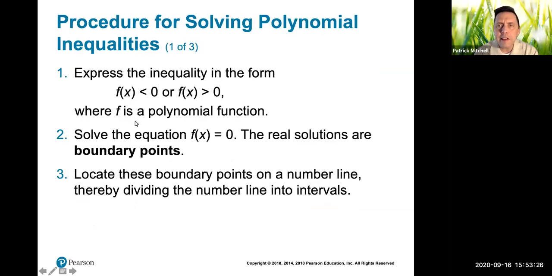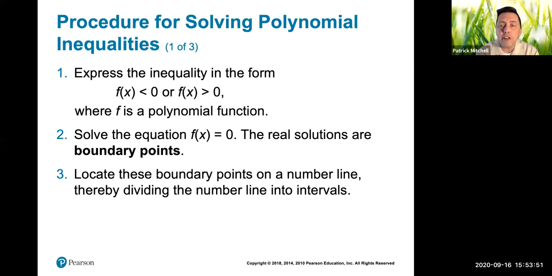Okay, so here's a list of steps for how to solve a polynomial inequality. The first step is to express the inequality in the form f of x is less than 0 or f of x is greater than 0. And by the way, that does include less than or equal or greater than or equal. The point is to get 0 on one side. And then solve the equation f of x equals 0.